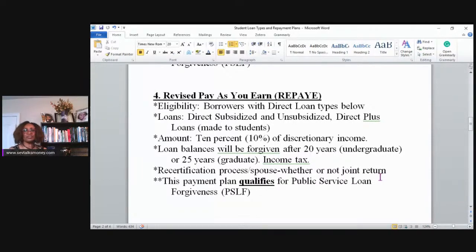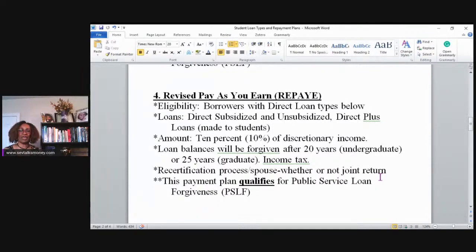The borrowers that are eligible for this one are all borrowers with direct loan types. So direct subsidized and direct unsubsidized, direct plus. Only direct plus made to students. Direct plus parent loans do not qualify for the repay plan.